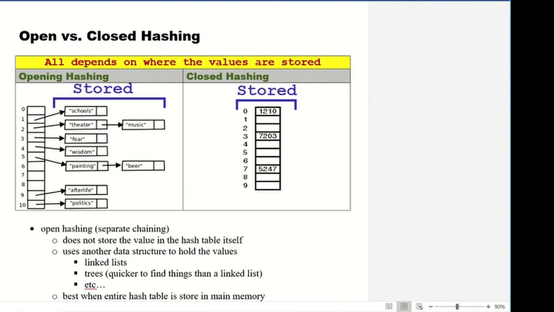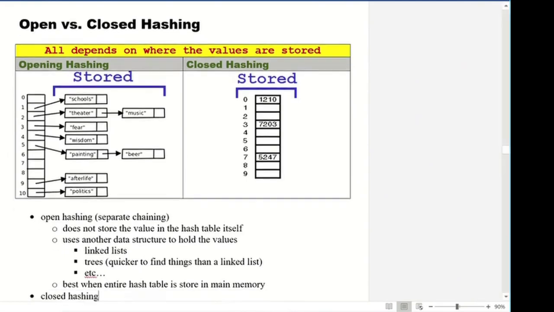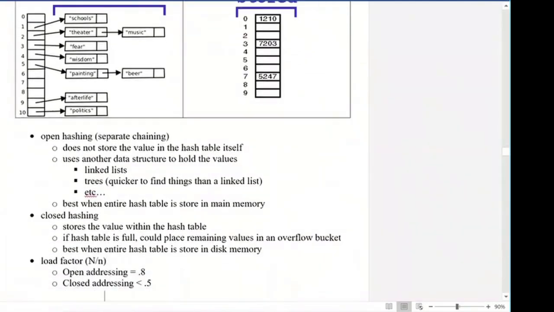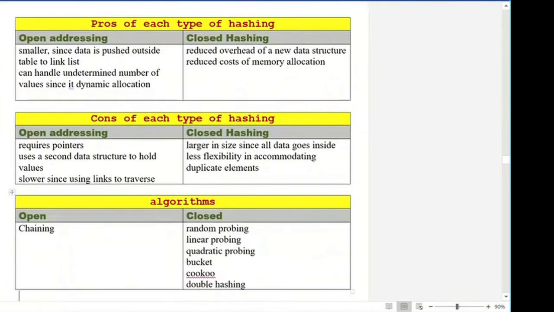Whereas open hashing still uses a vector, but the vector has pointers that go out to whatever data structure we're using. This one happens to use a linked list, but it could be a binary search tree, it could be a heap. Who knows? But those items are the difference between open hashing and closed hashing. That's it, thankfully.